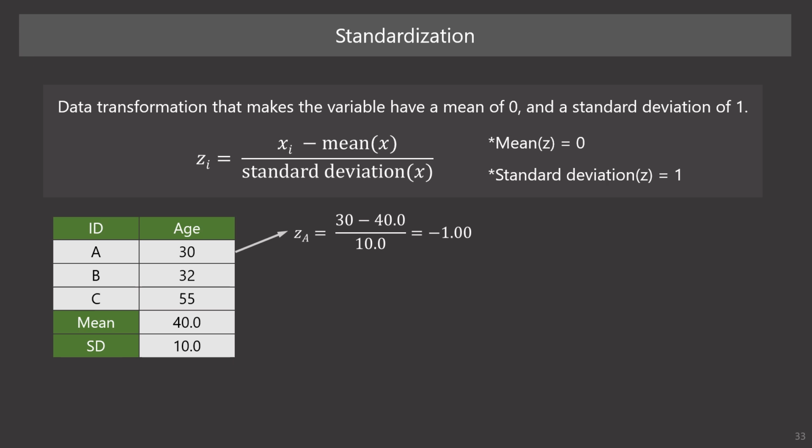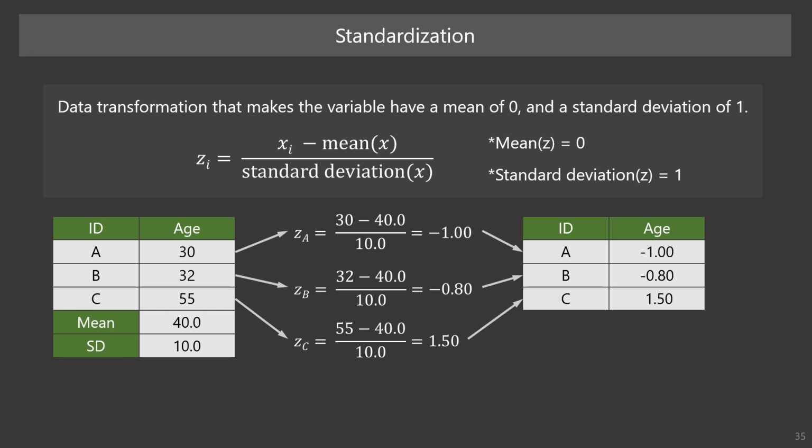Then, for customer A, subtract the mean age from age and divide it by the standard deviation. By doing so, we can get a standardized value. It is -1. Similarly, we can standardize B's age and C's age.